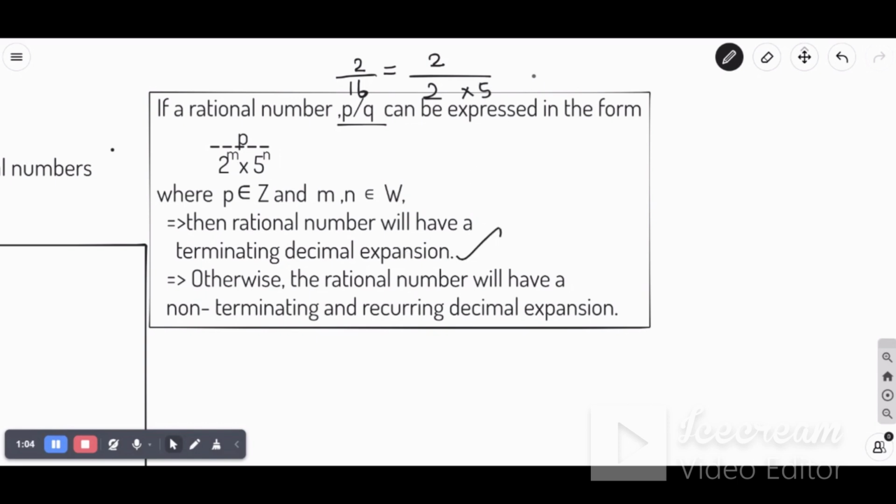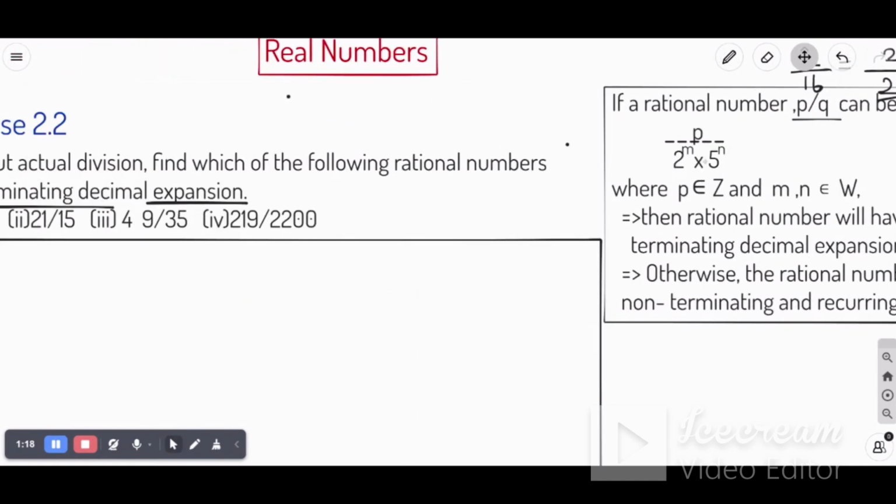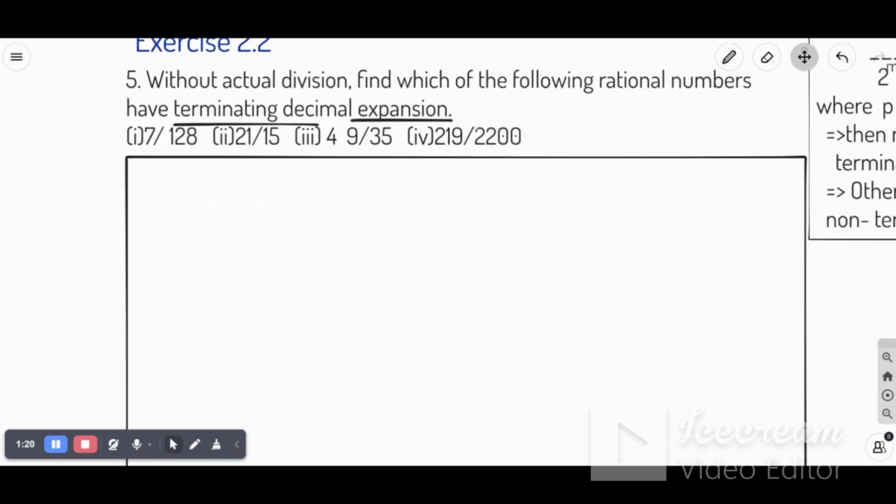If you get something like 3 into some powers over here, that is not going to work. You should get only 2 and 5 powers. So with this quick recap, we are going to check our solution.